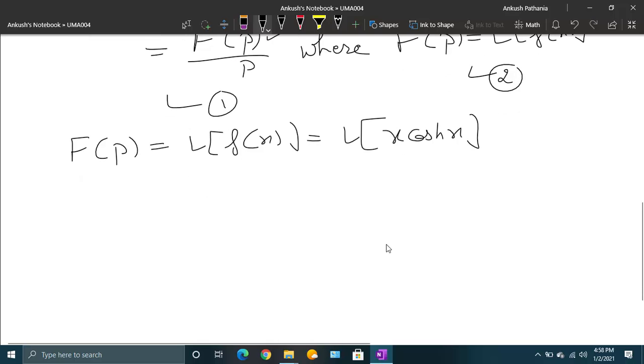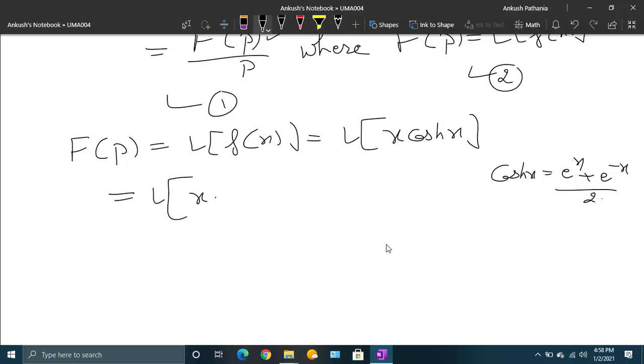Now I am not using the formula for Laplace of cos hyperbolic as such, because students usually confuse it with the formula of sine and cosine. It is better to use the definition of the hyperbolic function: cos hyperbolic x is (e^x plus e^(-x)) by 2, so I can write it as half of e^x plus e^(-x).